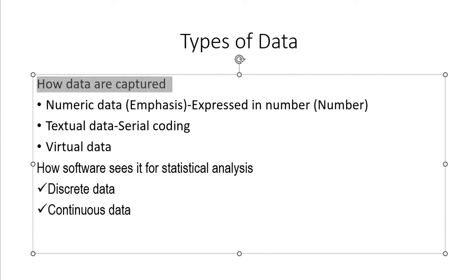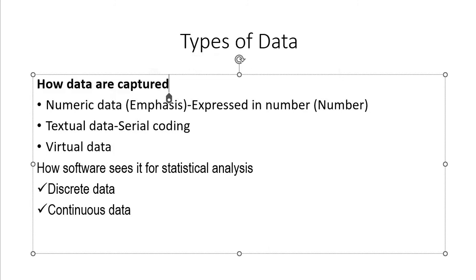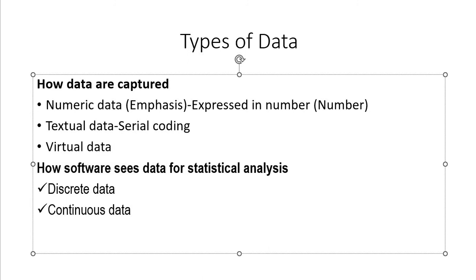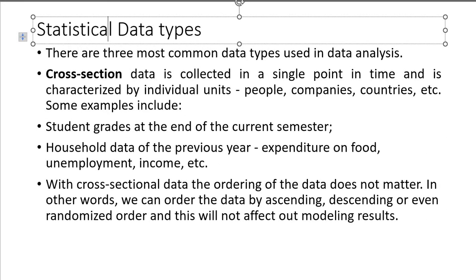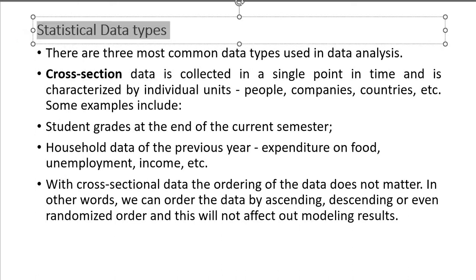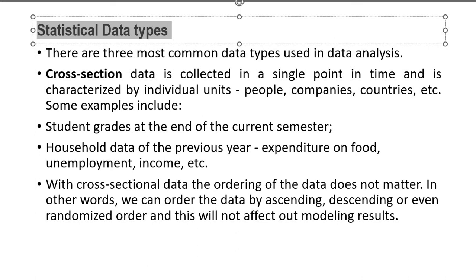And then we can also look at how software sees the data for data analysis, how they see data for statistical analysis. From the point of statistical software and techniques, we can have some classifications. And then the last one, the statistical data types that we can have in research, especially with respect to the time of the collection of such data.